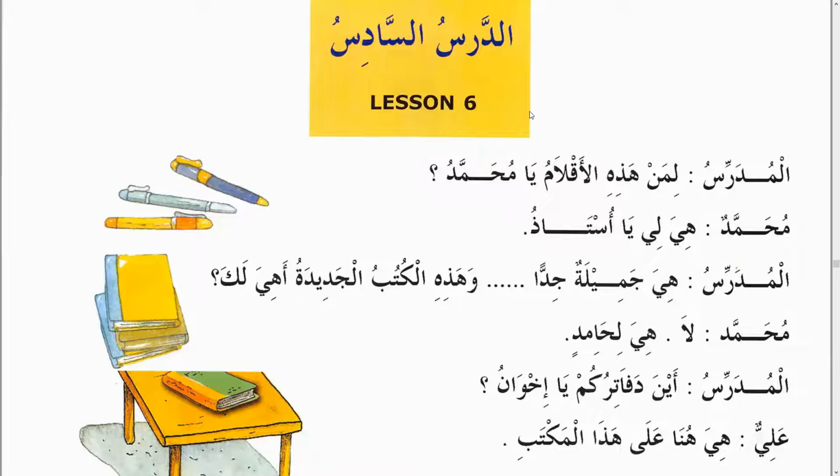So any ismul ishara we bring, any adjective we bring, any ismul mawsul we bring, the relative pronouns, the demonstrative pronouns, anything we bring relating to the plurals of the ghair aqil, the non-intelligent things like animals, books or pens and mountains and whatever, then we will treat them as singular feminine.